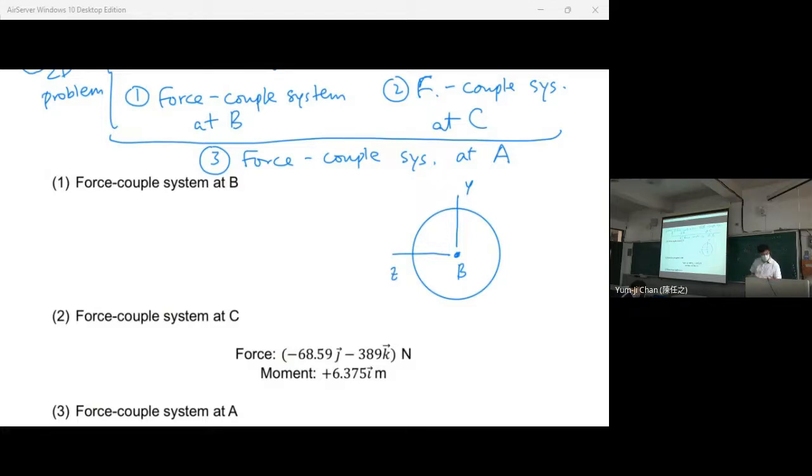Now we have 250 Newton, and this is on the horizontal line, and this one is 141 Newton, and this one is now E, and this one is now F. Of course, this is also with a right angle, and this one is 20 degrees.